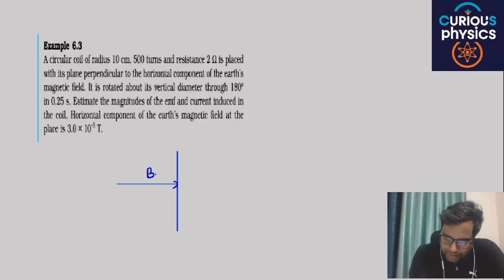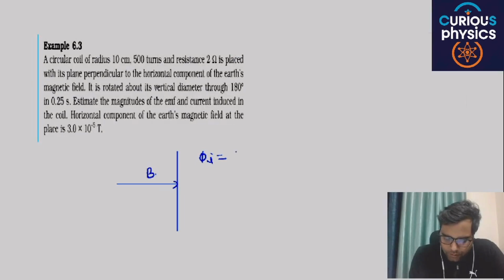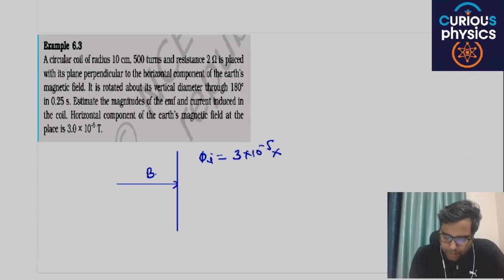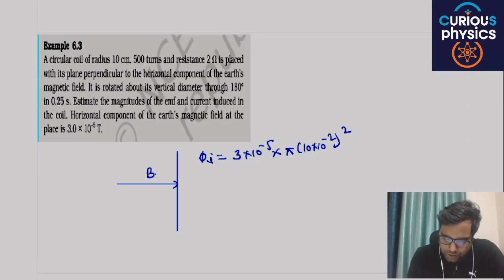So phi initial, the initial magnetic flux, is B, the magnetic field is 3 into 10 raised to power minus 5, times A, and the value of the area is pi r square, pi (10 into 10 raised to power minus 2) whole squared.